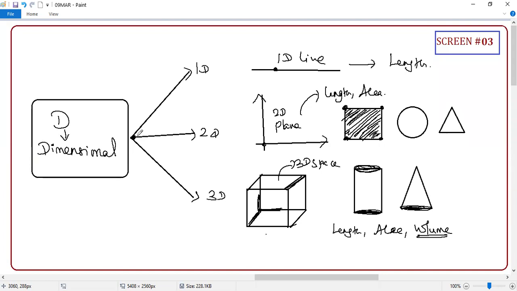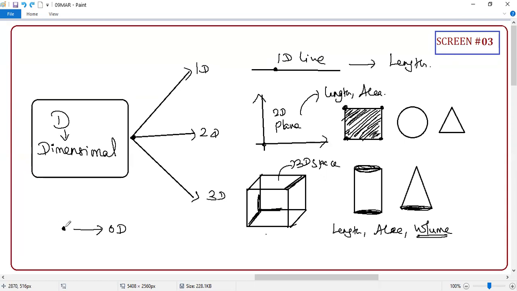Now, guys, there is one special thing. Something called a dot. How many dimensions does a dot have? Zero dimensional. Why? If you try to put a dot on the dot, where can it move? The dot cannot move anywhere. Correct or not? Yes, sir. In a line, a dot can move in one direction. In a plane, a dot can move in two directions. In a space, a dot can move in three different directions.